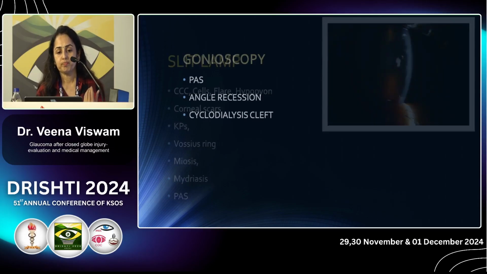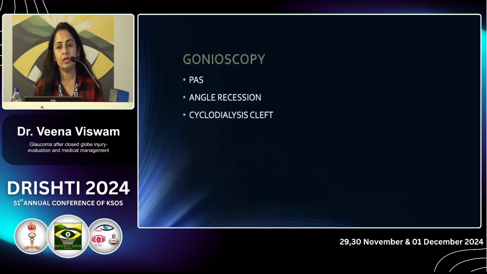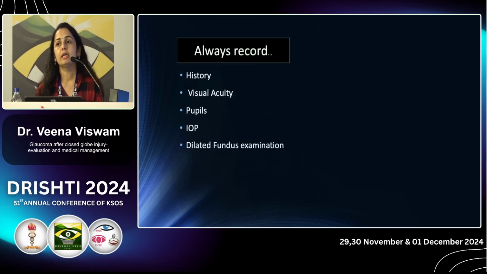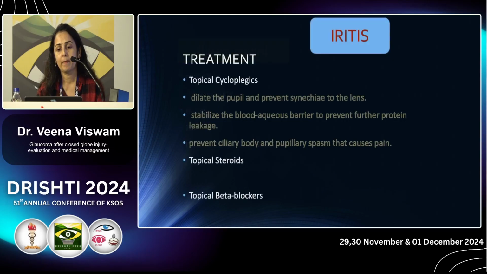In gonioscopy, we get very important clues, like an angle recession, a cyclodialysis cleft or a microhyphema. In all trauma cases, history and visual acuity recording are very important. Pupils, intraocular pressure, and dilated fundus examination are a must.